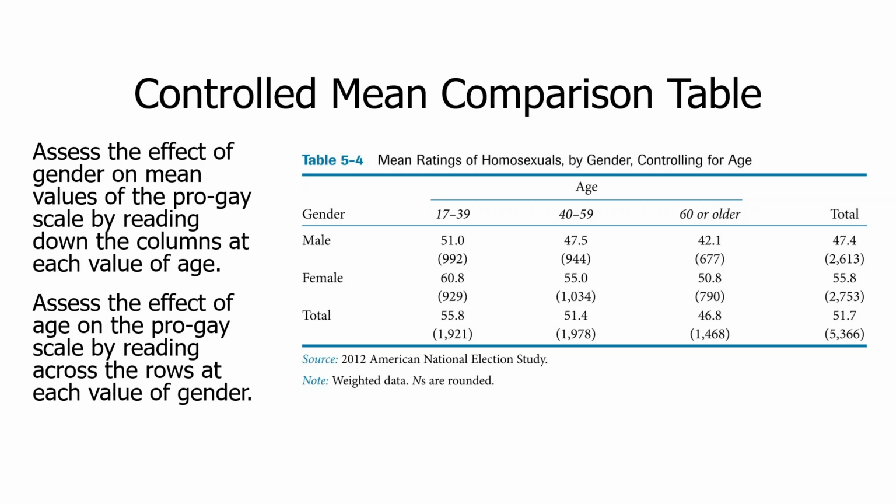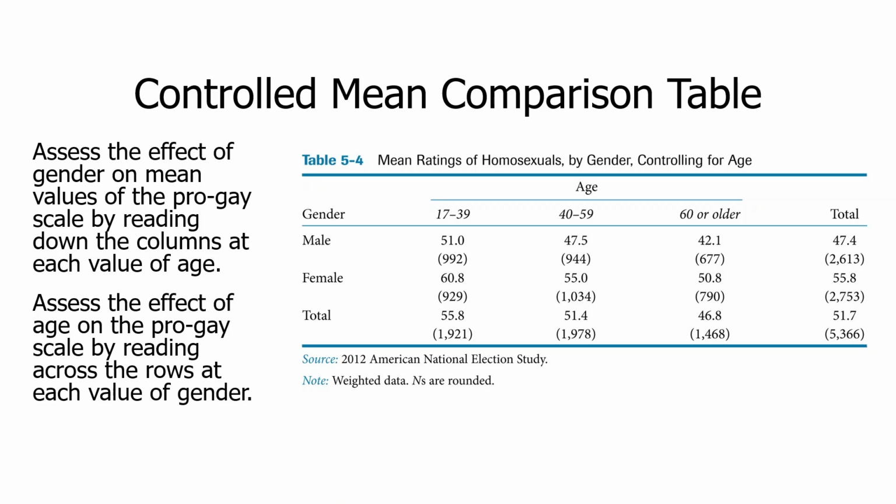Among young males, a rating of 51, and then we go up here to 60.8. If you do that subtraction, that's a difference of 9.8 degrees on this 100-point scale. So something is going on, and our hypothesis appears to be supported in that the female mean is higher than the male mean.